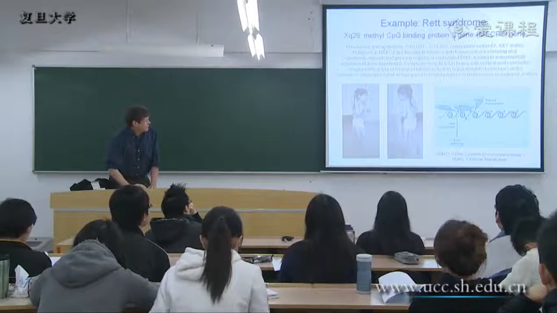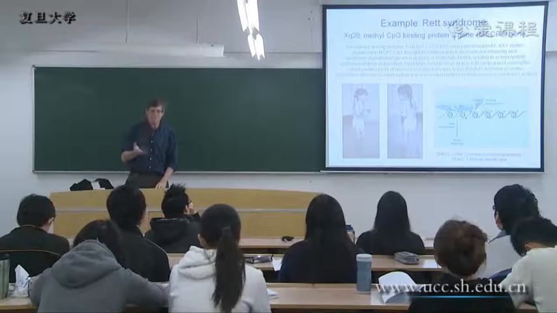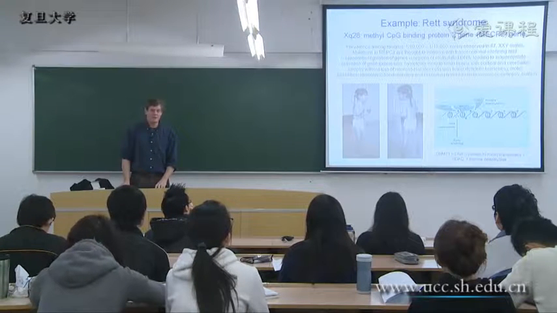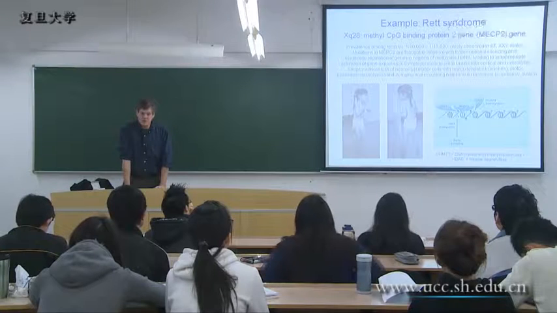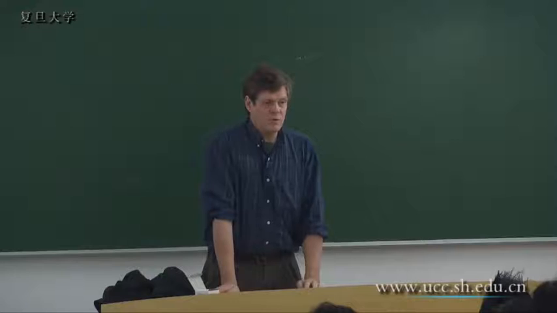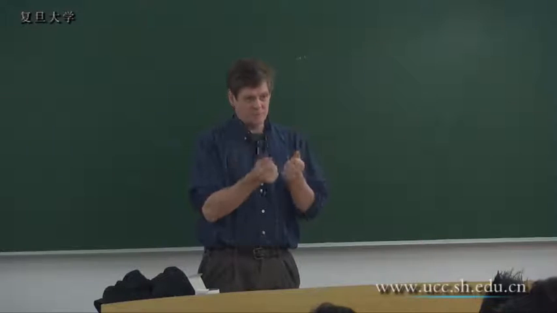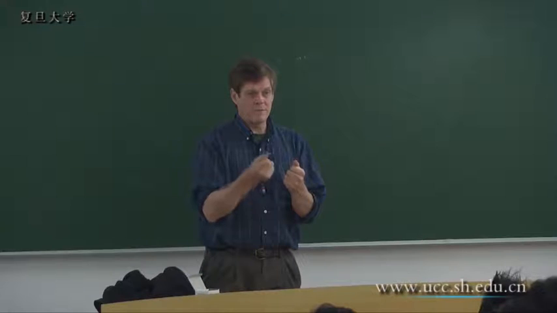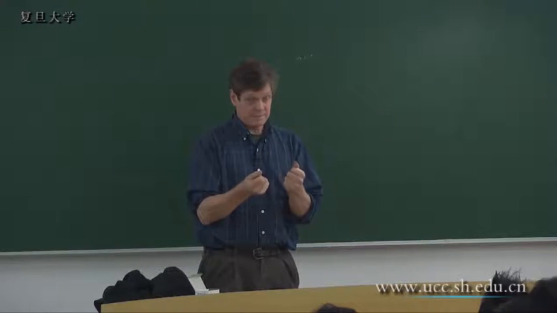Now, the expressivity of this also depends upon the pattern of X inactivation, which we talked about last time. As you remember, women have 2 X chromosomes, but one of them is inactivated randomly.